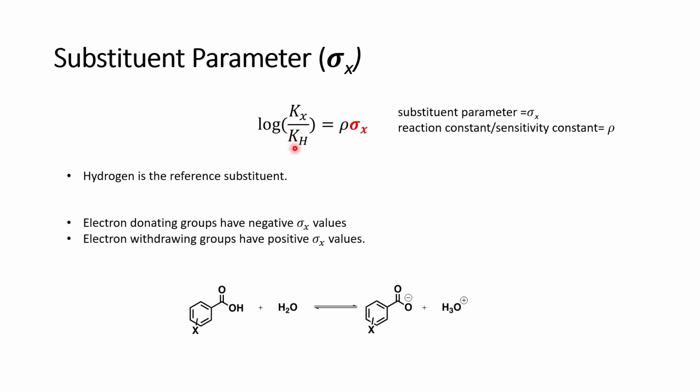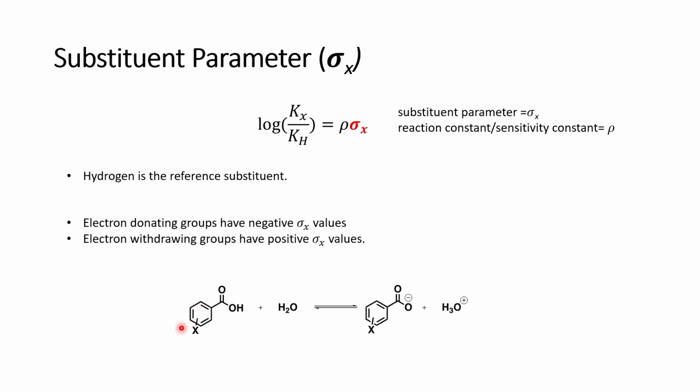So as I said earlier, if we have the same substituent at meta position and para position, the sigma values can be different from each other. The reason I will describe in later slides.